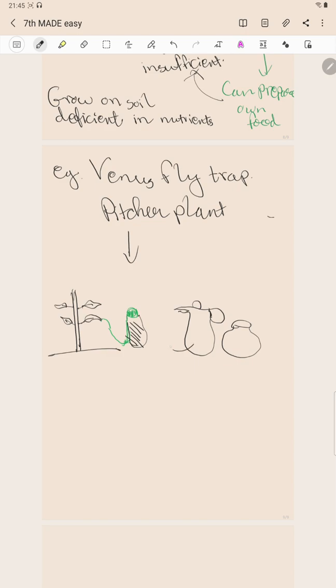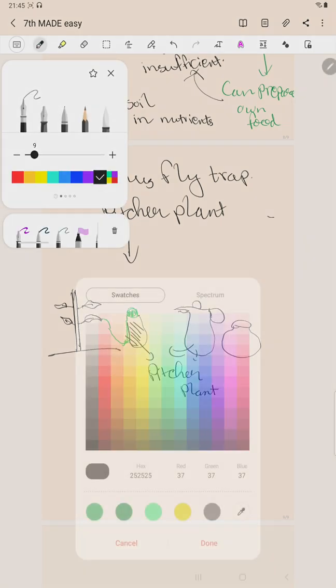So that's where the name comes from. It's called a pitcher plant, a cavity to store something. So this pitcher plant, what happens here is initially the lid is open.